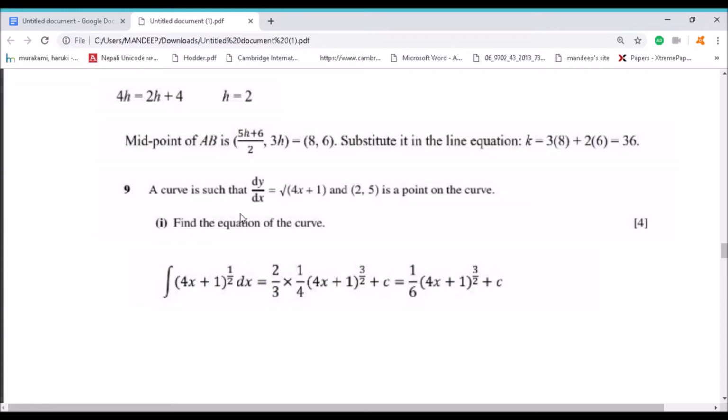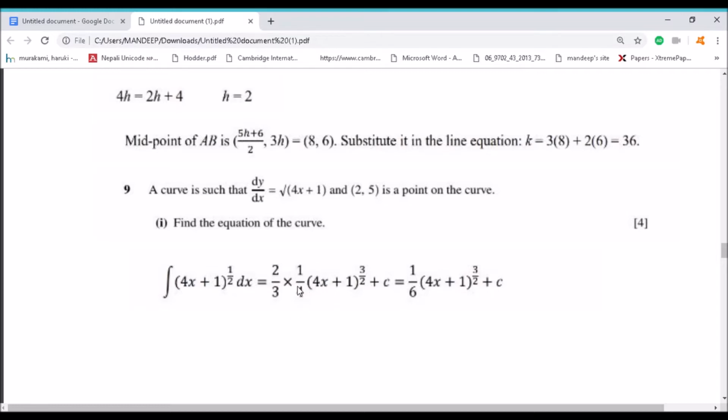So we are given dy divided by dx, and we have to integrate this to find the equation of the curve. So we have (4x plus 1) to the power 1 over 2. To integrate this, we add 1, so 1 over 2 plus 1 will be 3 over 2. Dividing by 3 over 2, it's going to be 2 over 3.